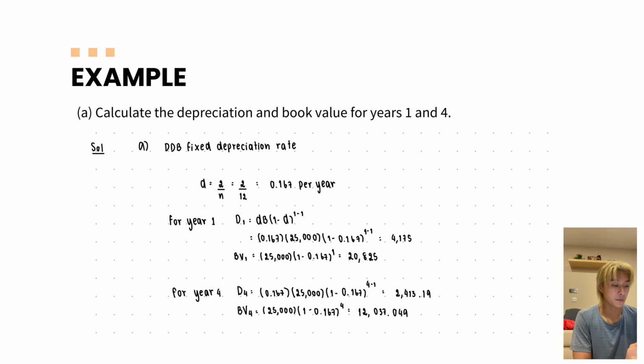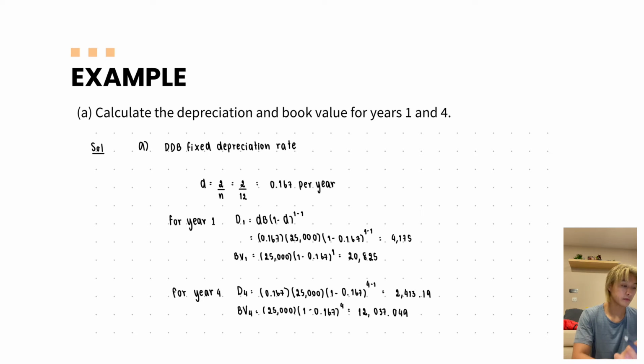For BV1 is equal to $25,000 multiplied by (1 minus 0.167) powered by 1, which is equal to 20,825.